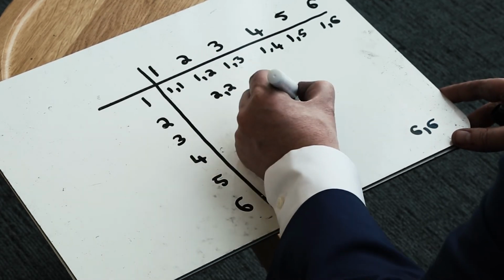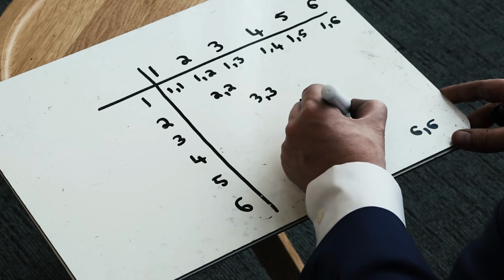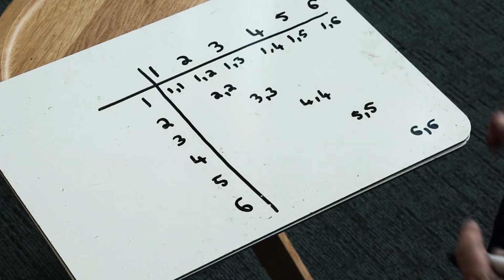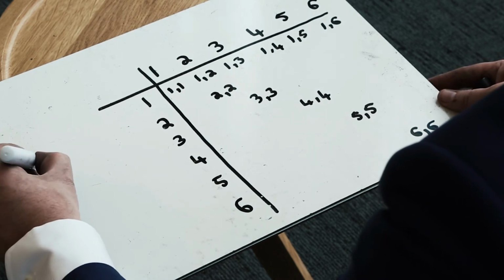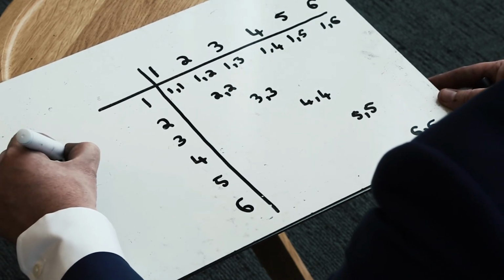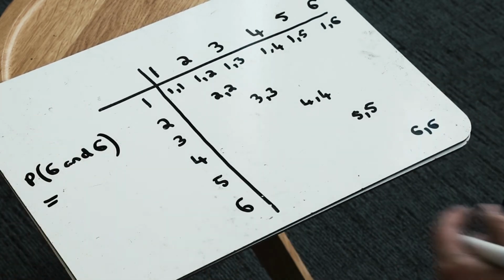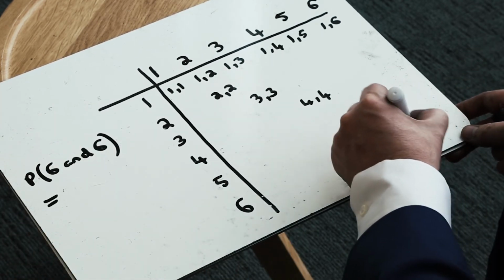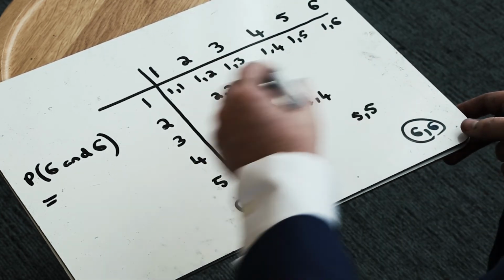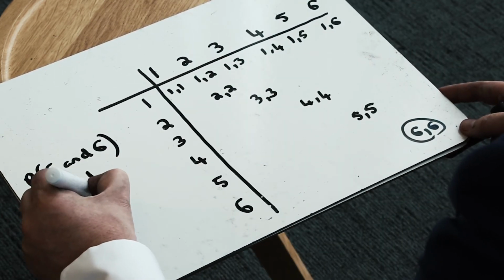So if you were asked to work out the probability of getting a 6 and a 6 from rolling 2 dice, although a lot of students think the answer might be 2 in 12 or 1 in 12, in actual fact, looking at the sample space of 36 different outcomes, we can see the chance of getting a 6 and a 6 is 1 chance in 36. So sample space is a nice way of listing all the possible outcomes.